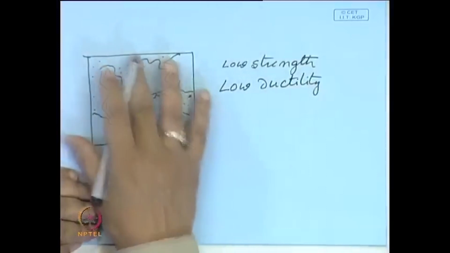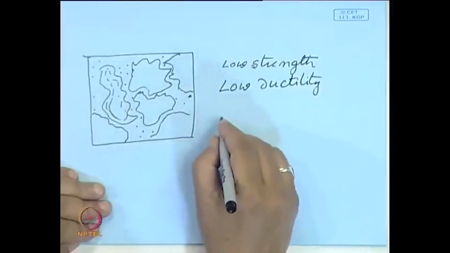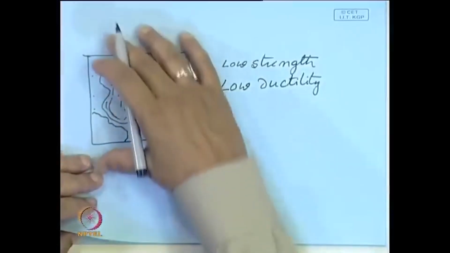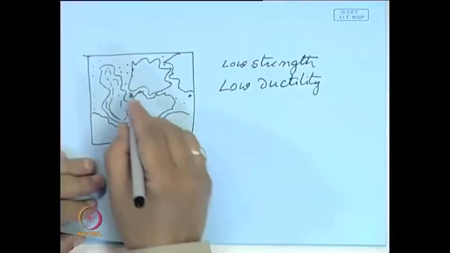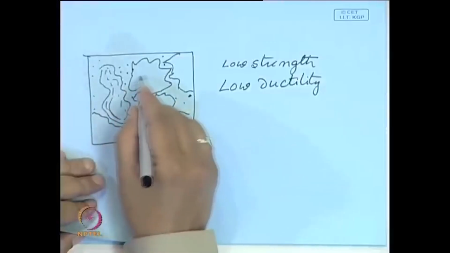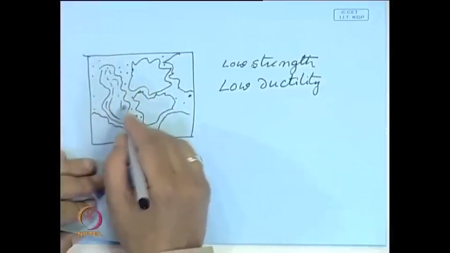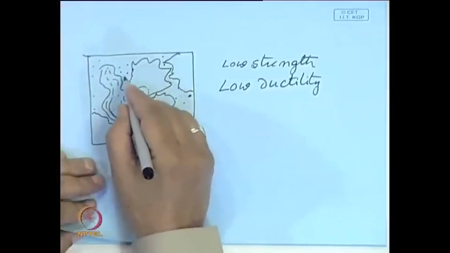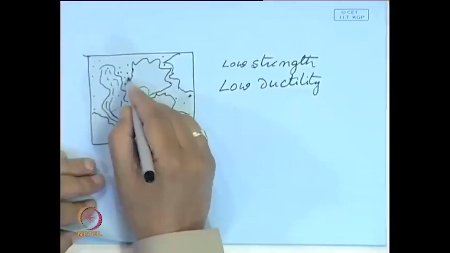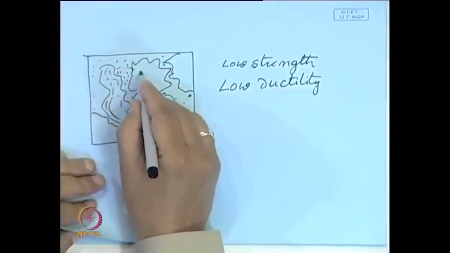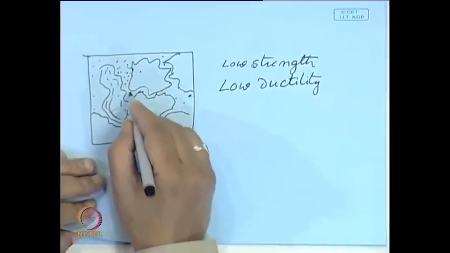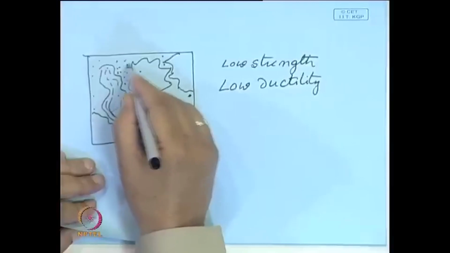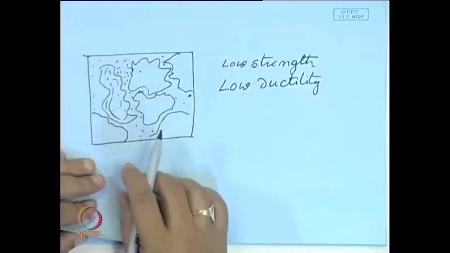The best way to remove this cast structure is to subject it to compressive loading. Under compressive loading at high temperature, it will not only allow these grains to homogenize, but also these precipitates either dissolve in the matrix, or they break into smaller particles, and then the softer matrix flows around them, and they seal up, they weld up.